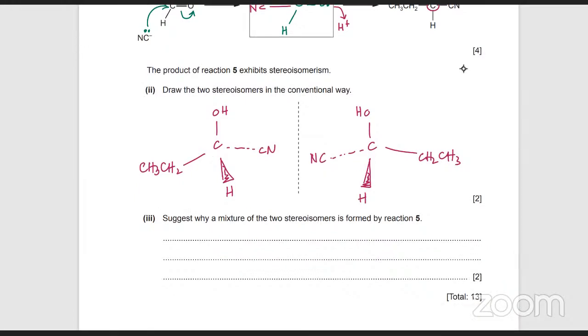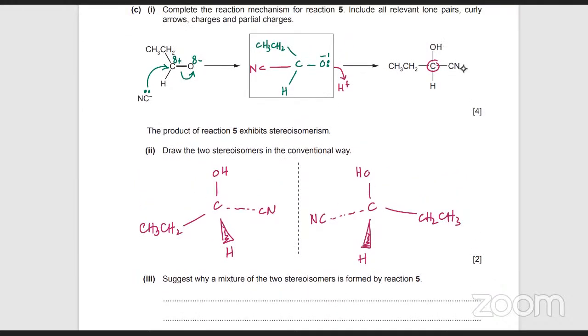Next: suggest why a mixture of two isomers is formed in reaction number 5. Why are two isomers formed? Why are you getting two isomers?